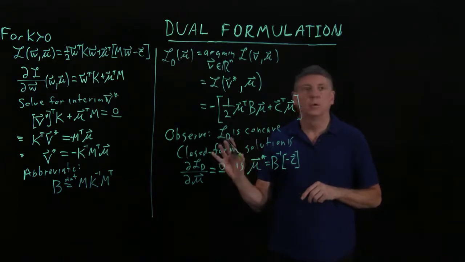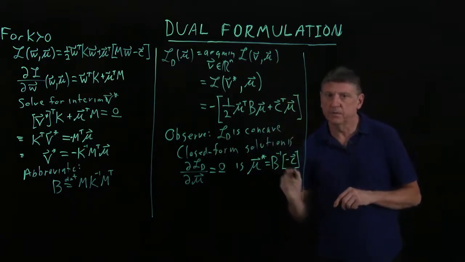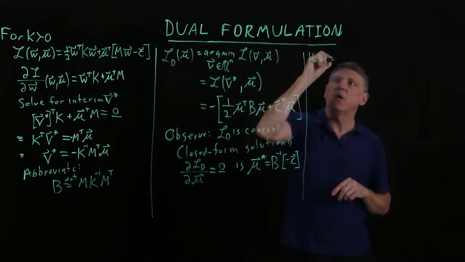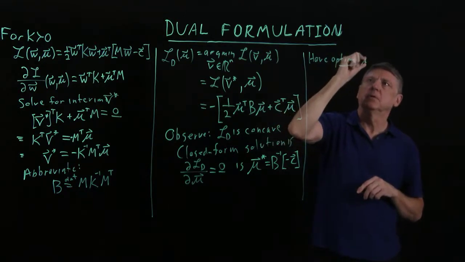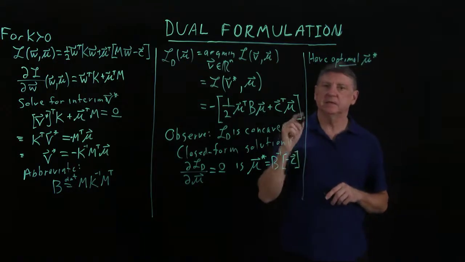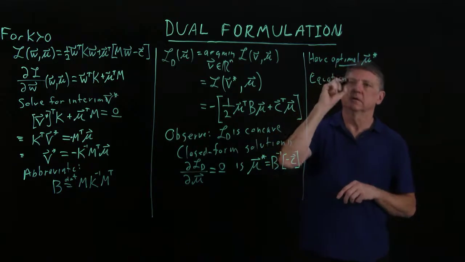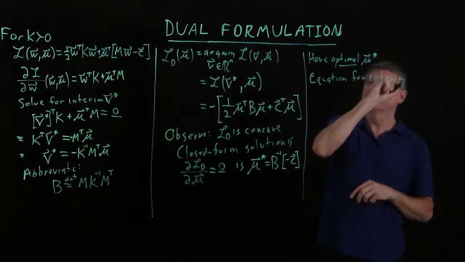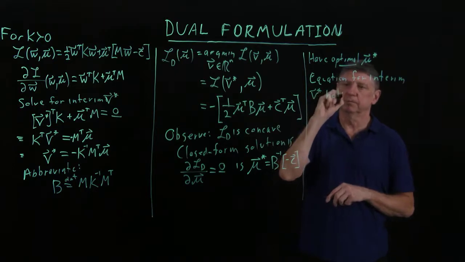And so now we're almost there, right? We now have the optimal Lagrange multipliers, and the equation for that interim V star still holds.